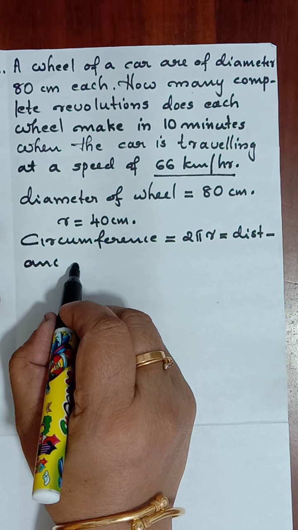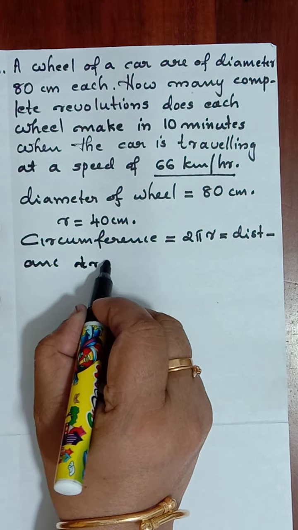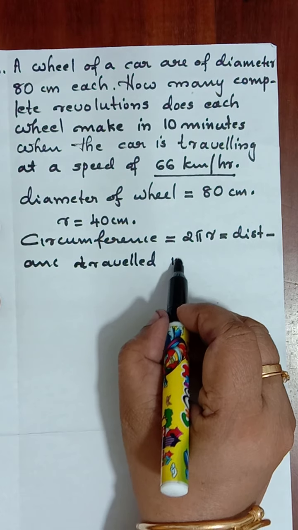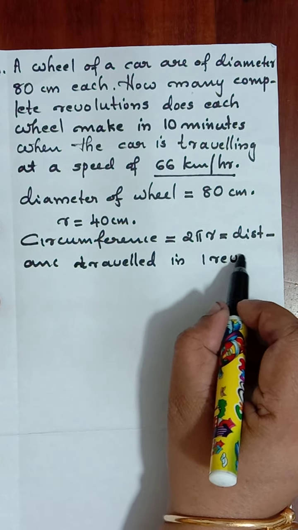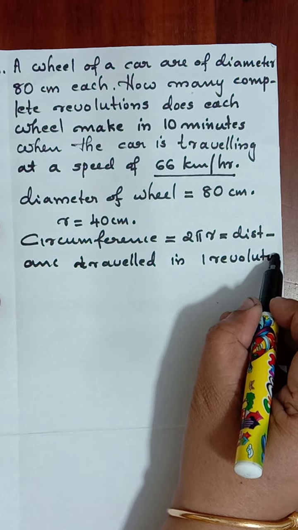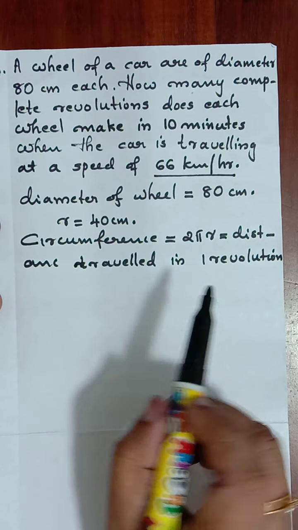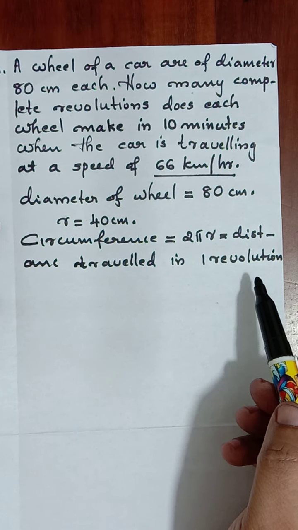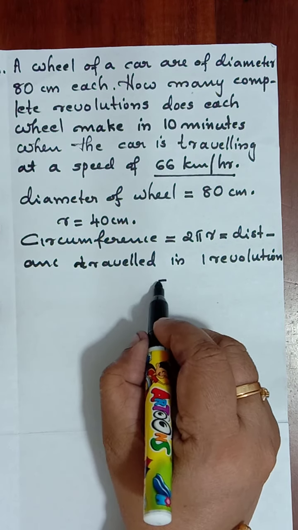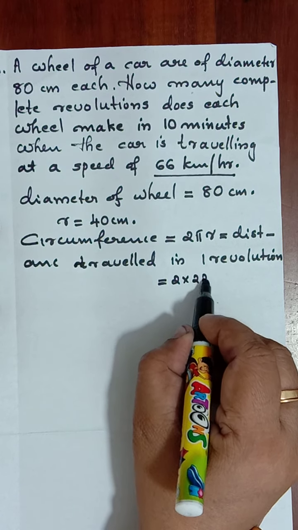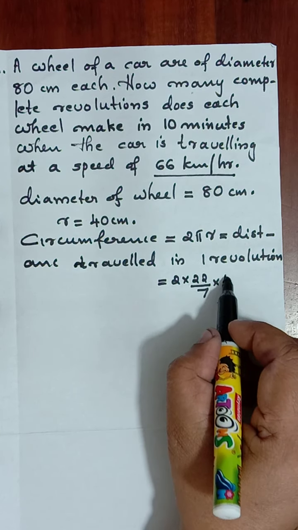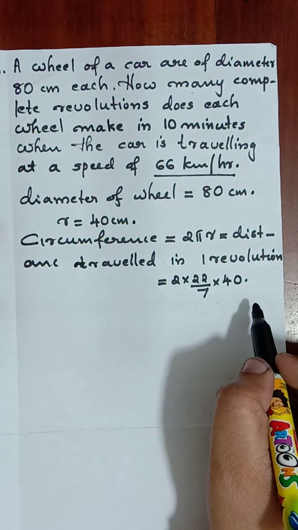Distance traveled in one revolution. Circumference of this wheel is equal to distance traveled in one revolution. We can consider it as 2 pi r, that is 2 into 22 by 7 into the radius, 40 centimeter. Let it be there.